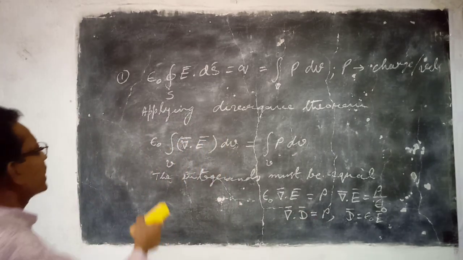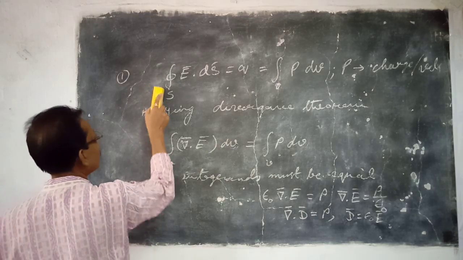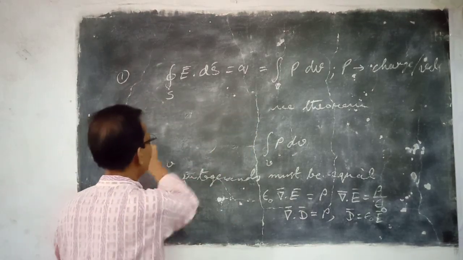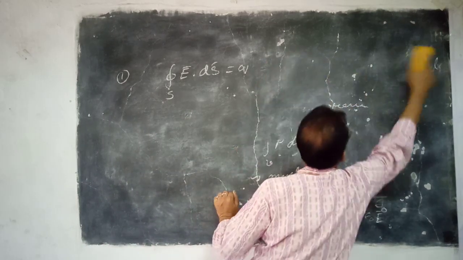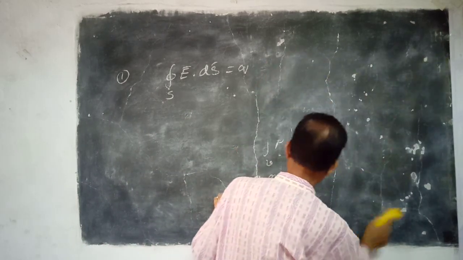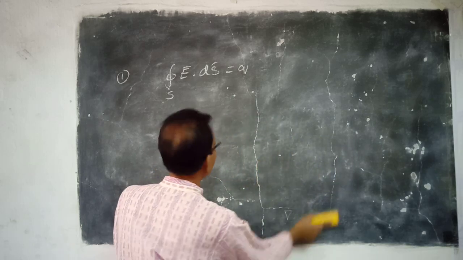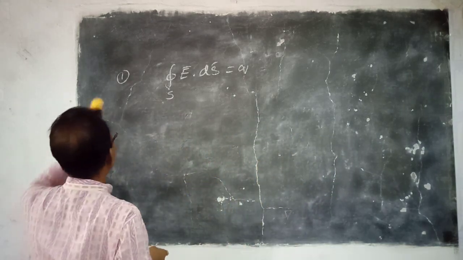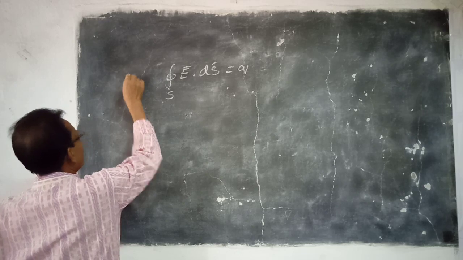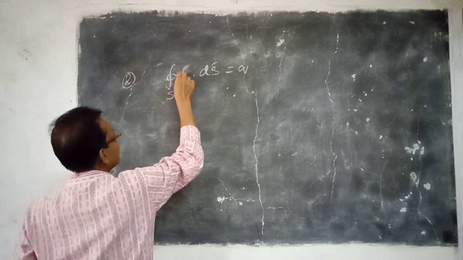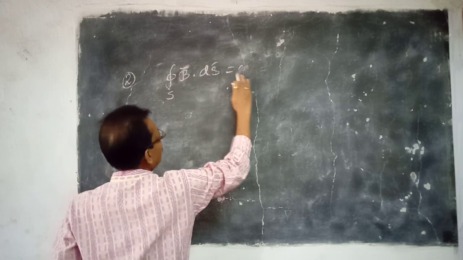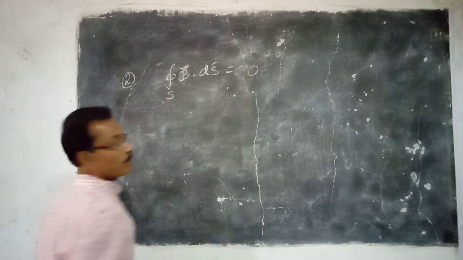Similarly, from the second equation, number 2, Gauss's law in magnetostatics, or the Biot-Savart's law, there is closed integral of B dot ds is equal to 0.